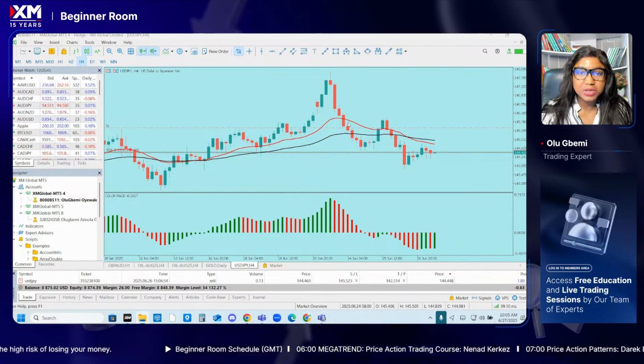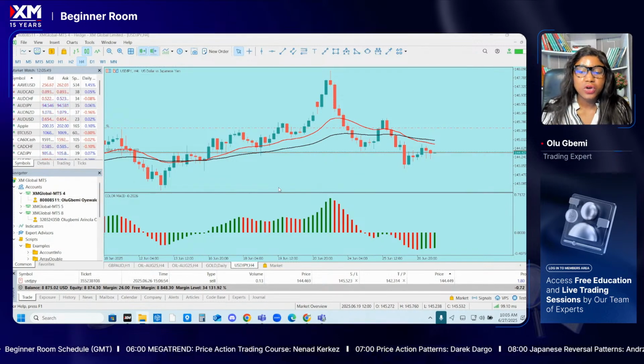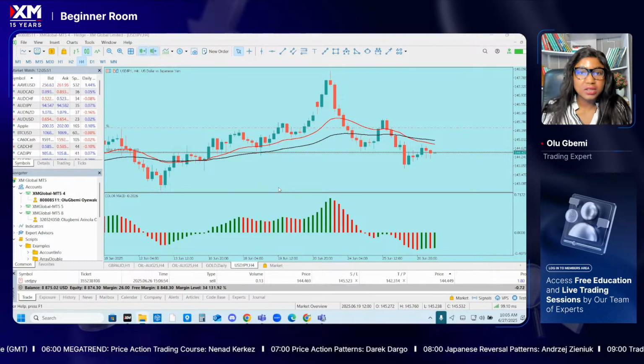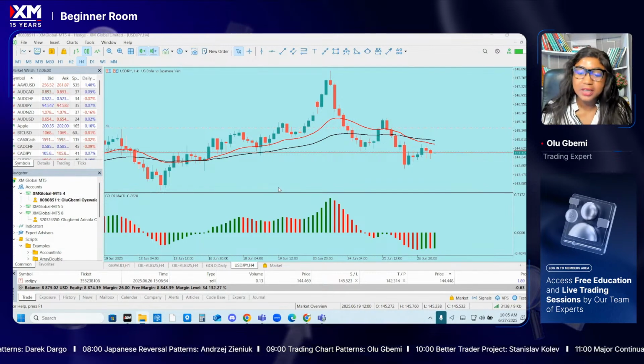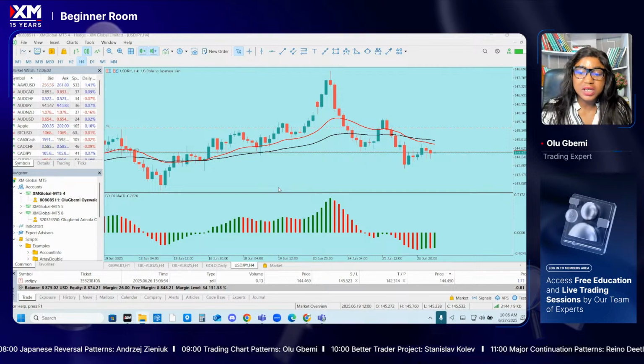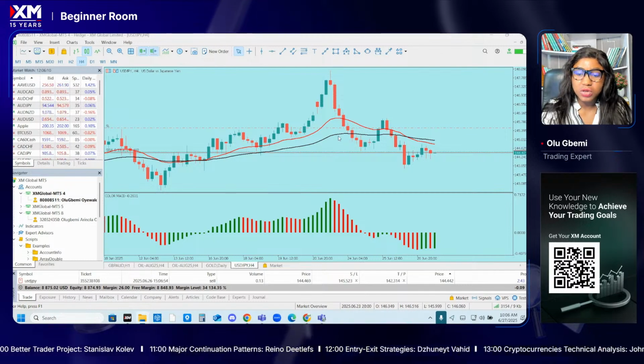Because of the way they are repetitive in nature, we see them working more than half of the time. If it is profitable maybe 60% of the time, then it's something I will trade, especially when it gives me a bigger reward to risk ratio, right? And that's what these patterns do. They've been confirmed over and over to actually work.